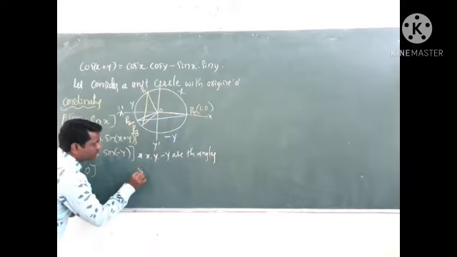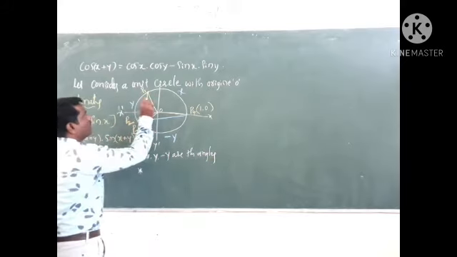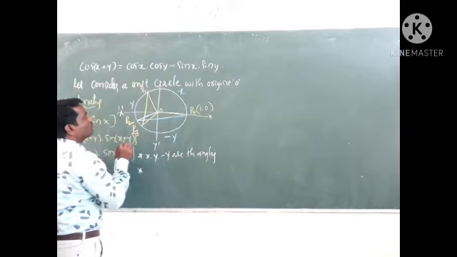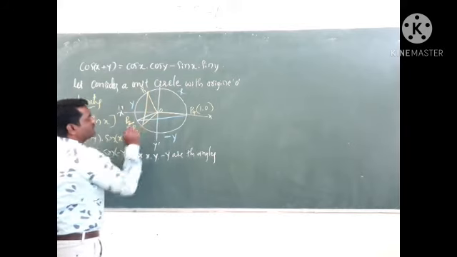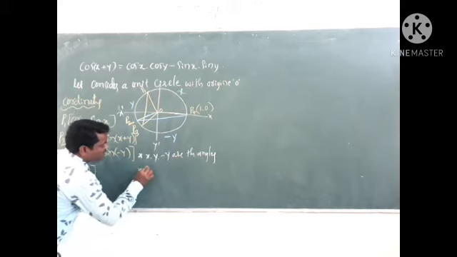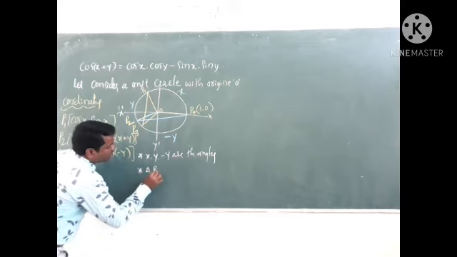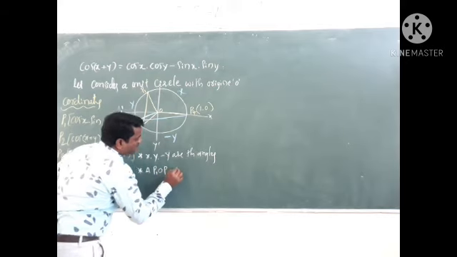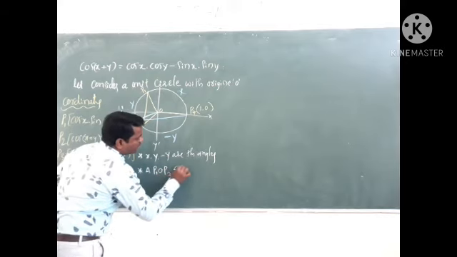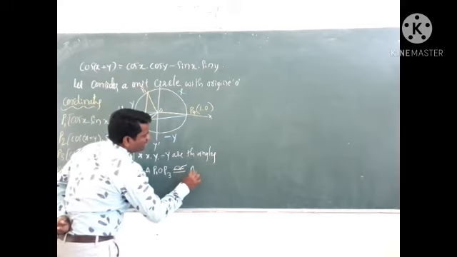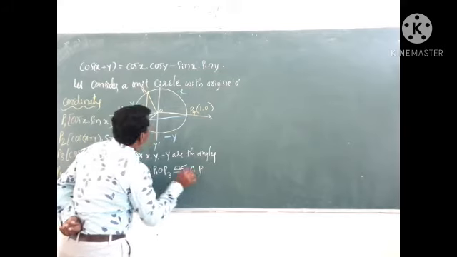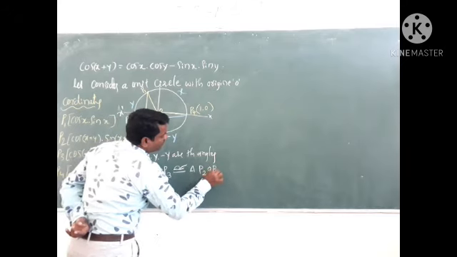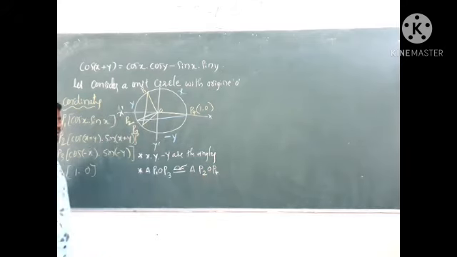And also here we have 2 angles, P1 O P2 and P1 O P3. Angle P1 O P3 is congruent to angle P2 O P4.